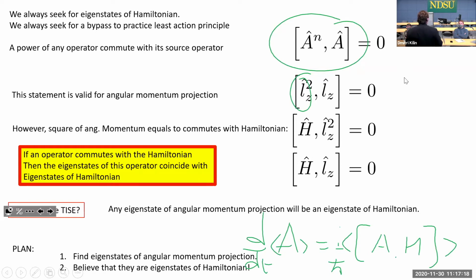I think we were doing it for momentum and then kinetic energy, momentum squared, for free space. They both had the same set of eigenfunctions, plane waves, right? We are going to practice the same thing here.